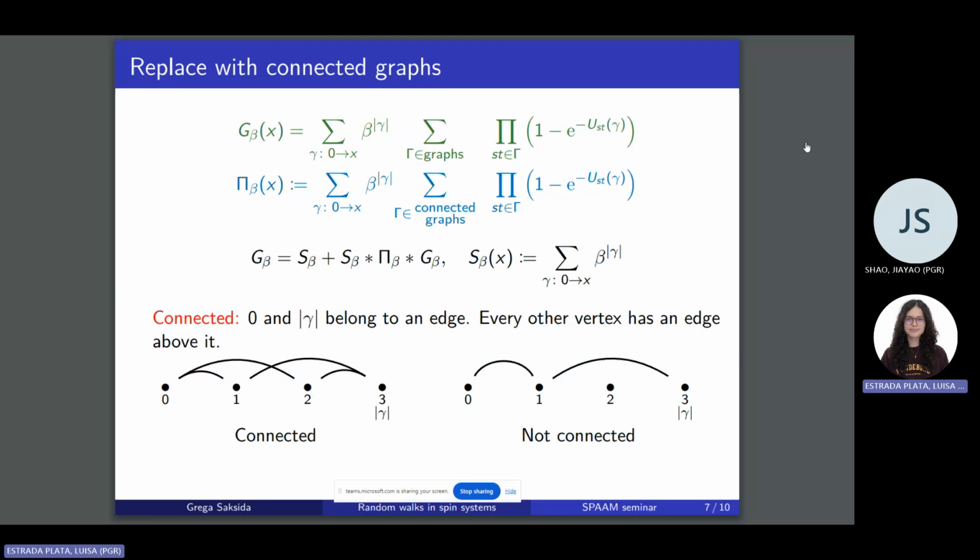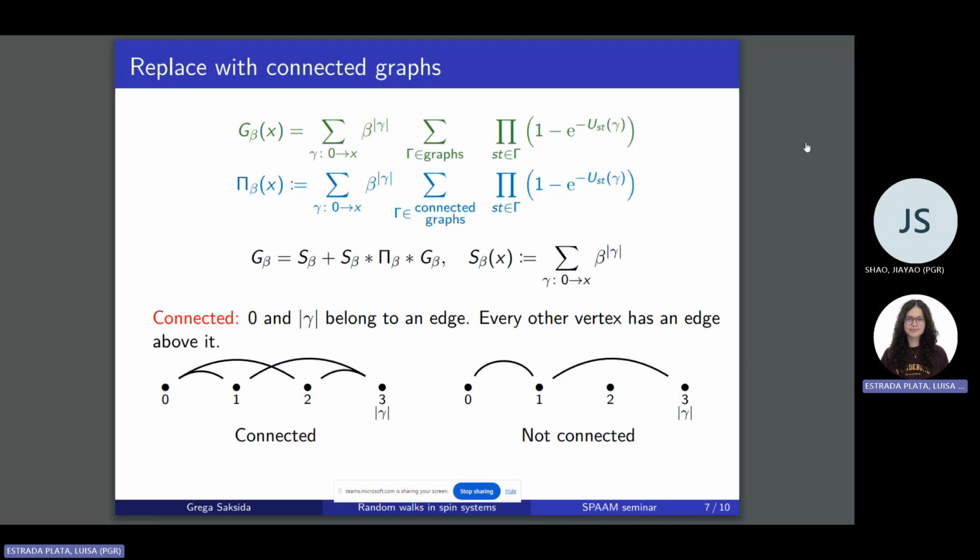Now you might ask, why can we simply replace this sum with the sum over connected graphs? Well, it turns out that these 2 objects are related by something usually called the Dyson equation. It's a form of convolution equation, where this S is something called the Green's function. This S has the same form as G, just without these weights.